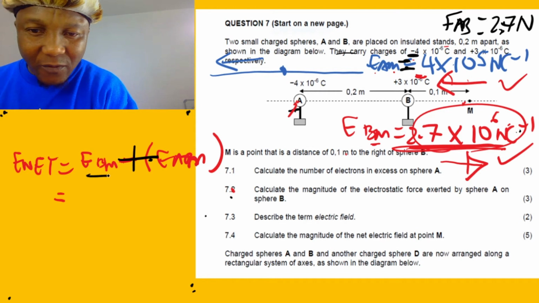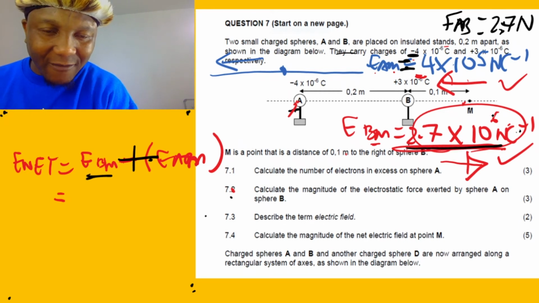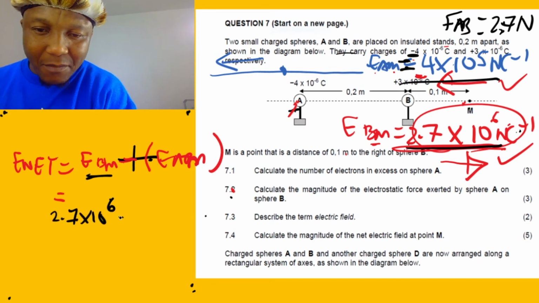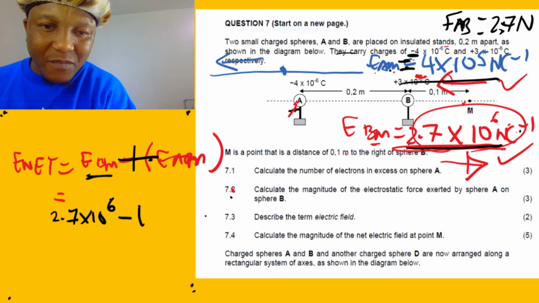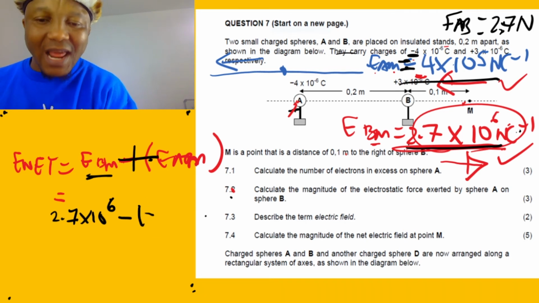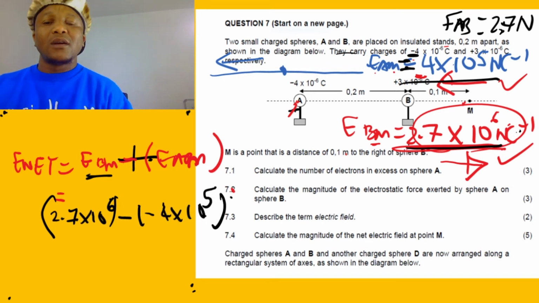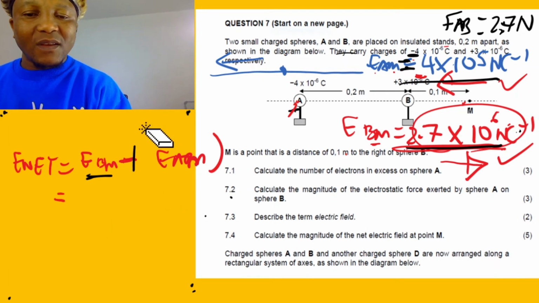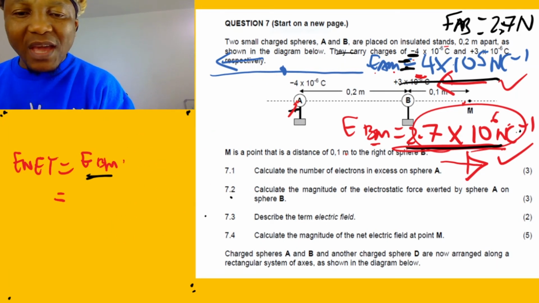The electric field of BM is 2.7 or whatever you have, and then you minus that. So 2.7 times 10 power 6 minus, but the other one also had a negative, so put it in brackets always, which is 4 times 10 power 5. So this gives positive, negative, negative. Or the easy way, just add them together: the electric field of BM plus the electric field of AM.